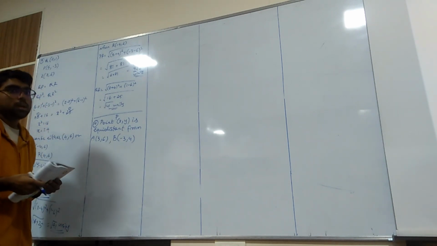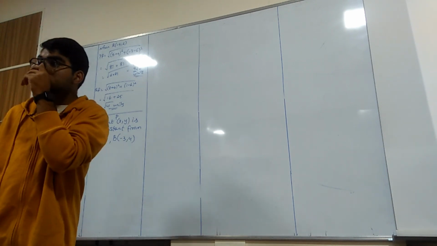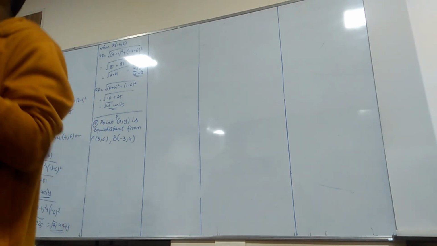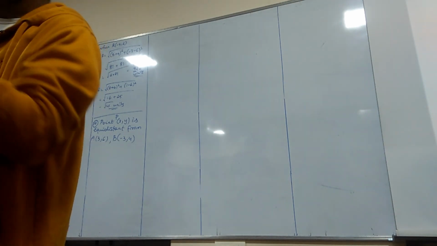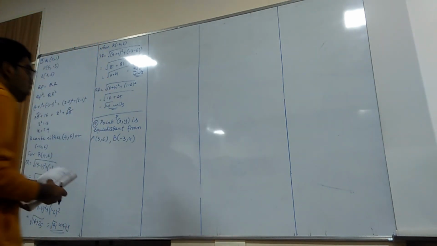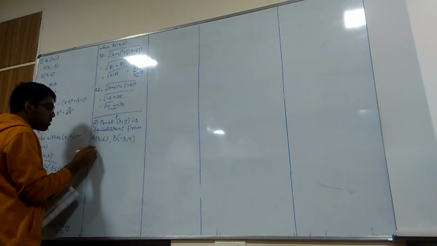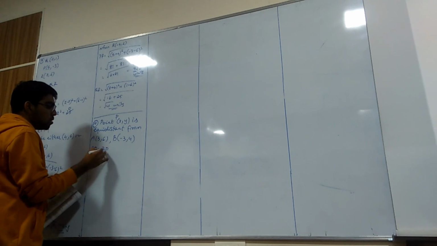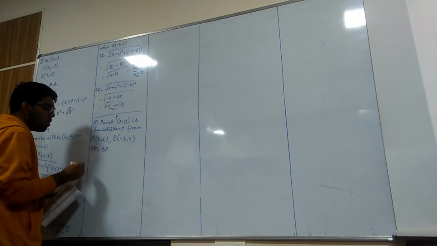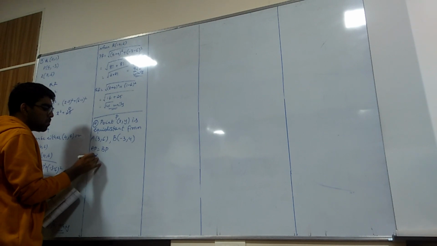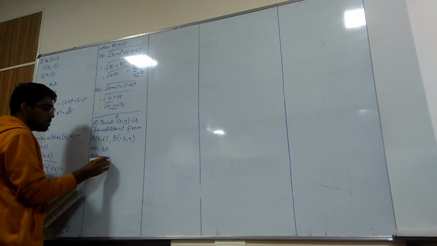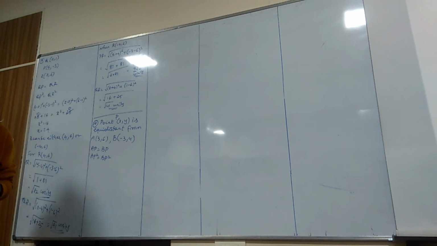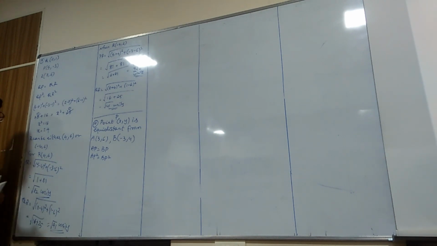Once this is said to be equidistant, what does that mean? The point P is equal distance from A and B. So AP is equal to BP, right? Similarly I can write AP square is equal to BP square. All good?